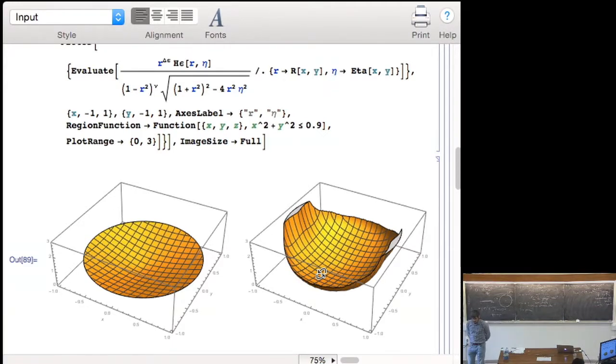And as I'm going to explain next time, the actual value of r important for the conformal bootstrap applications is equal to 3 minus 2 square root 2.